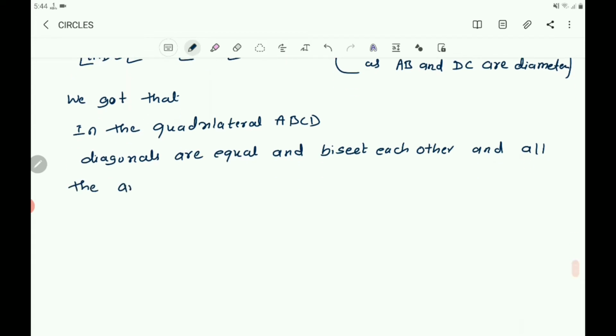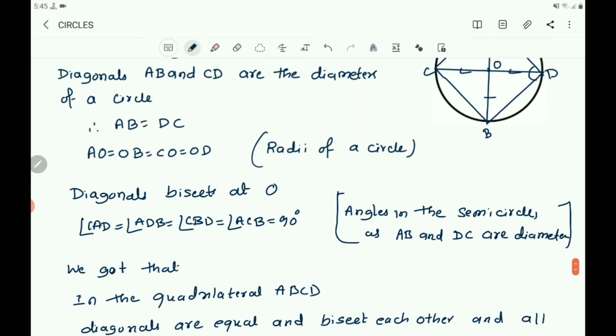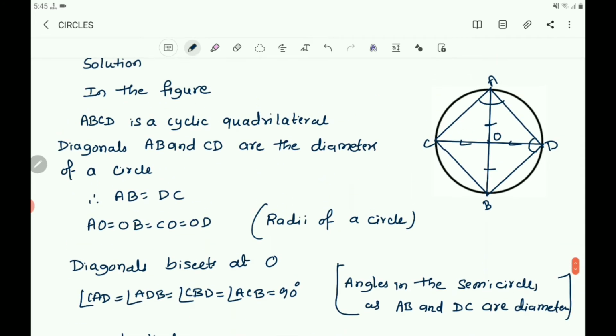Angles are right angles. Therefore, we can say that ABCD is a rectangle. Here all the four angles are equal to 90 degrees. Diagonals are equal, it is given, and diagonals bisect each other.